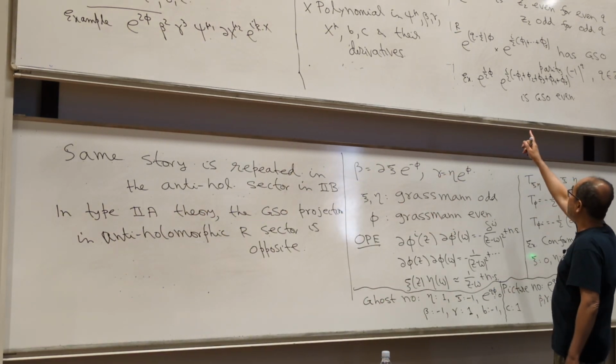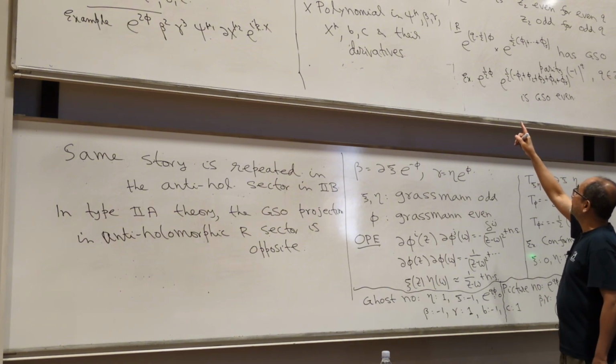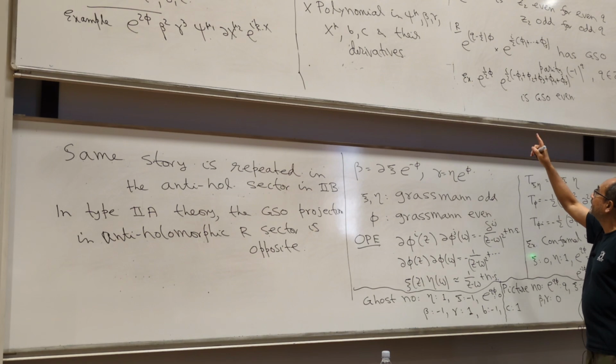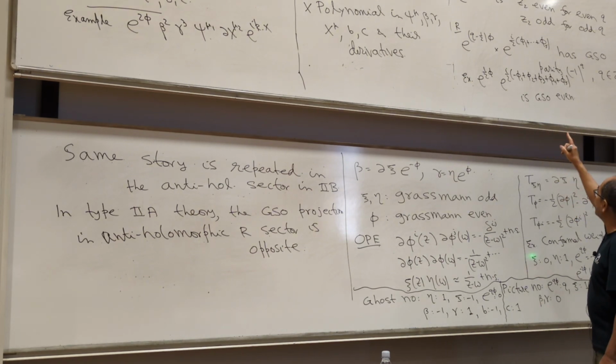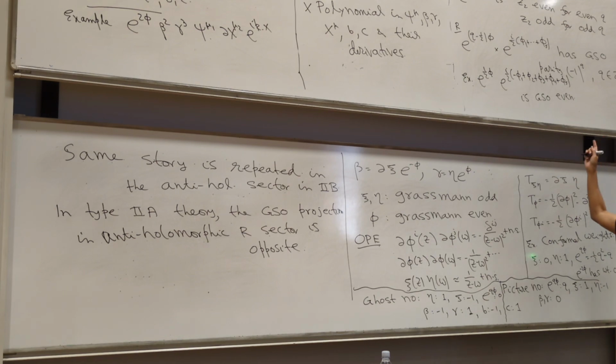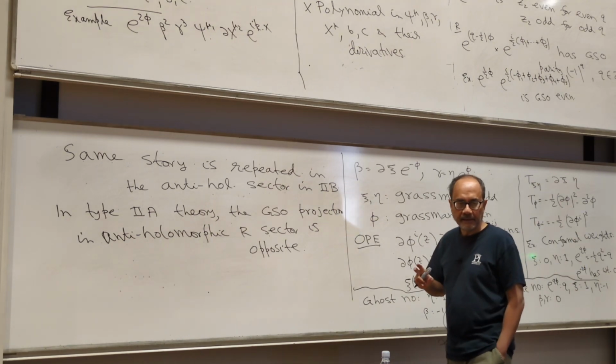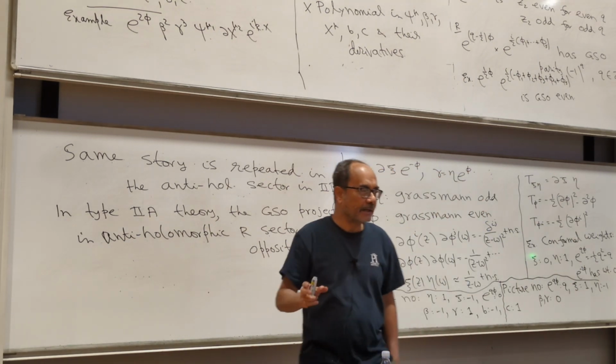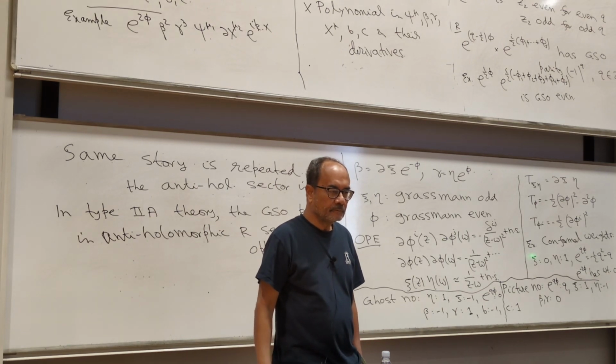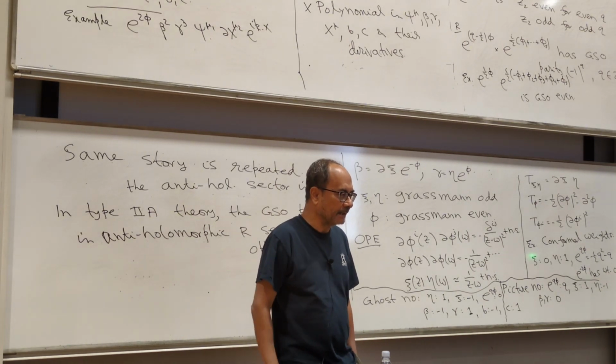So in this rule, for example, in type 2B theory, that state will be GSO odd, for that will have GSO parity not minus 1 to the q, but minus 1 to the q plus 1. Okay, so to get a GSO even state of this kind, you have to change the number of minus signs in phi. Is this statement clear? Yeah, so this is the main difference between type 2A and type 2B string theories: how the GSO projection rule works in the anti-holomorphic Ramond sector. Okay, otherwise at the worldsheet level they are identical.